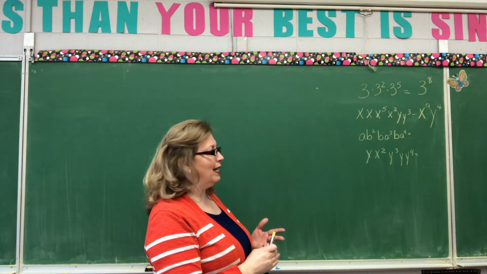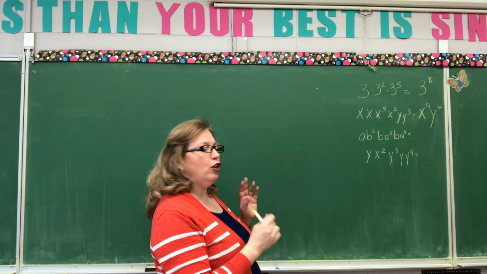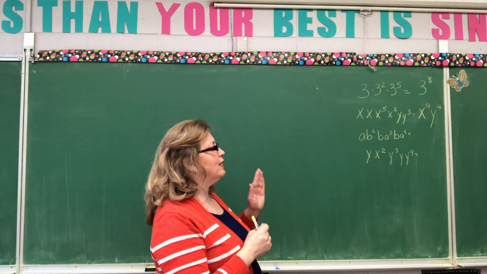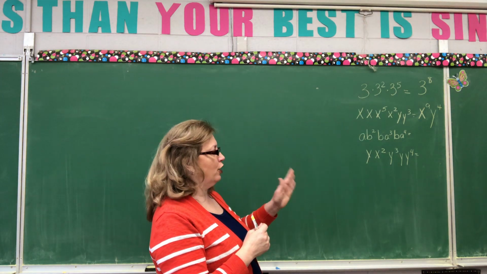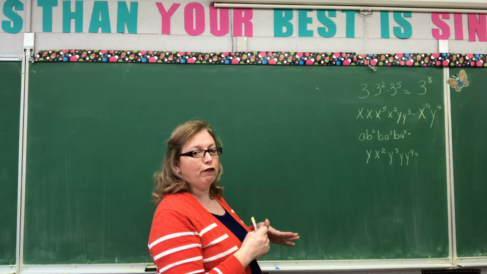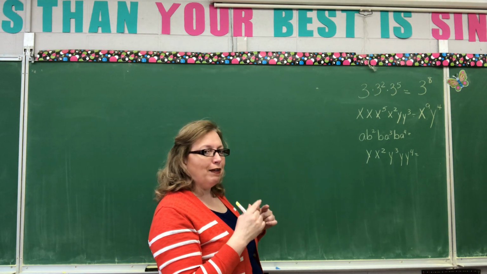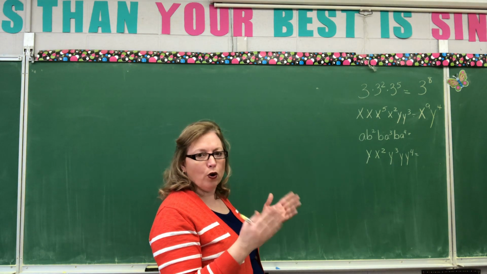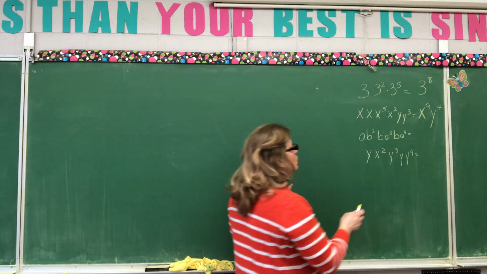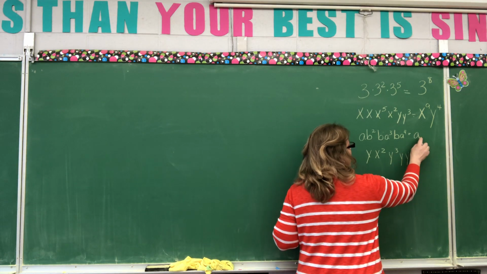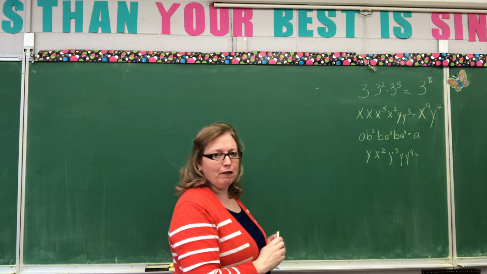You have a's and b's. Okay, now notice here you have ab squared, ba cubed, ba to the 4th. You either have to be very, very careful or you need to rewrite it. Okay, so let's do both. Okay, we're not going to rewrite, we're just going to be very, very careful.